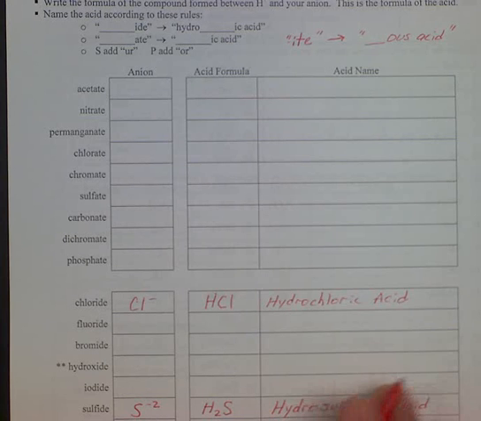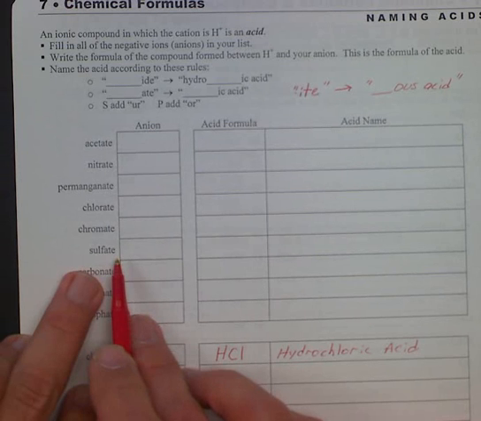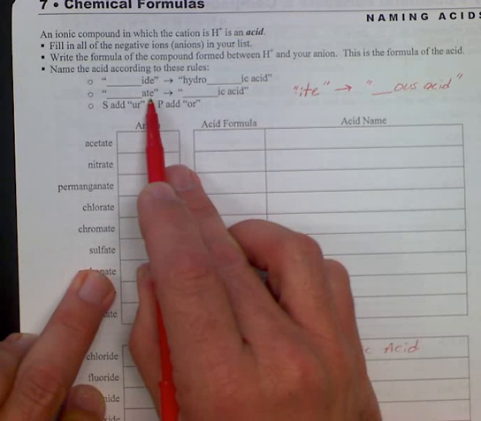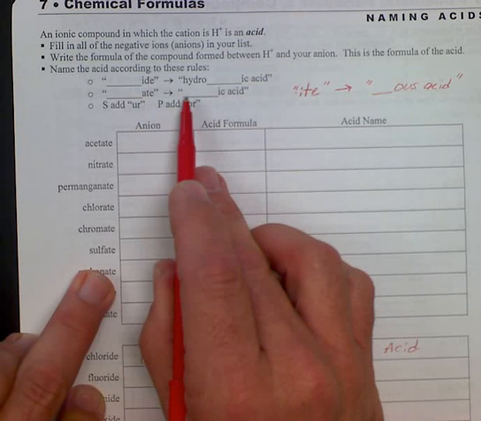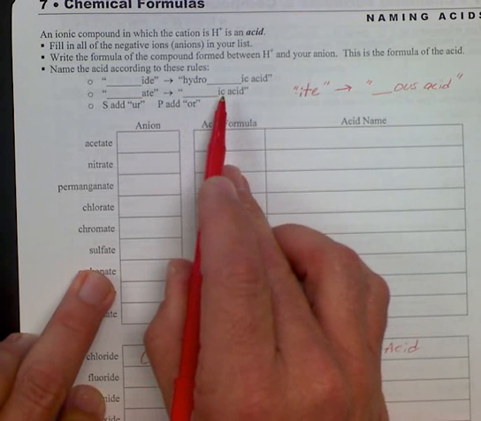Now contrast that, let's look up here to the sulfate ion. And we're going to see that if the ion ends in an ATE ending, we don't use a hydro prefix, we just simply write the root word of the anion with an IC ending.